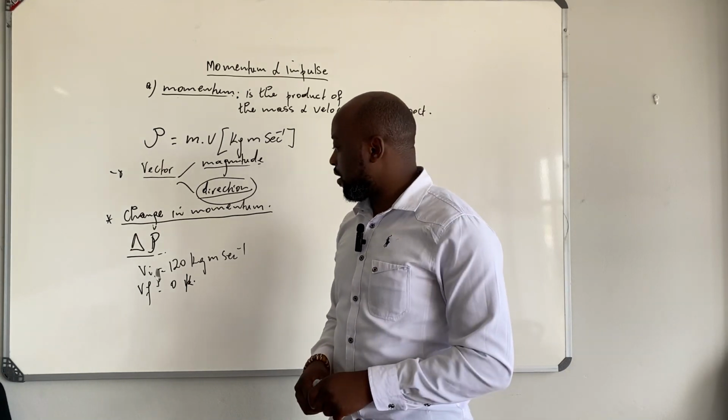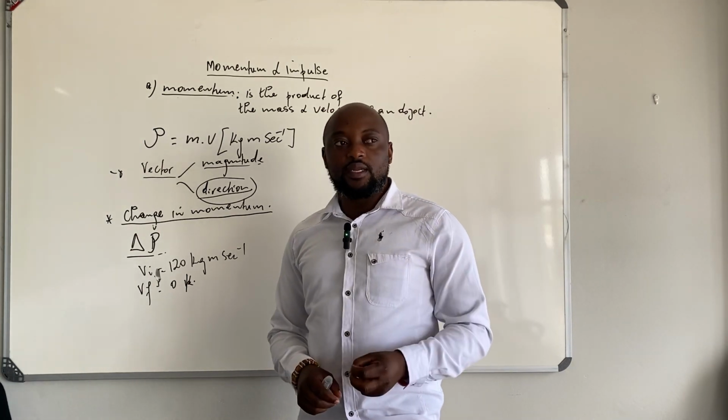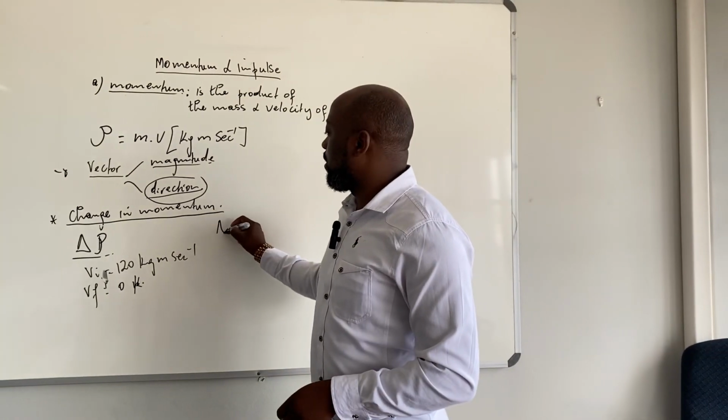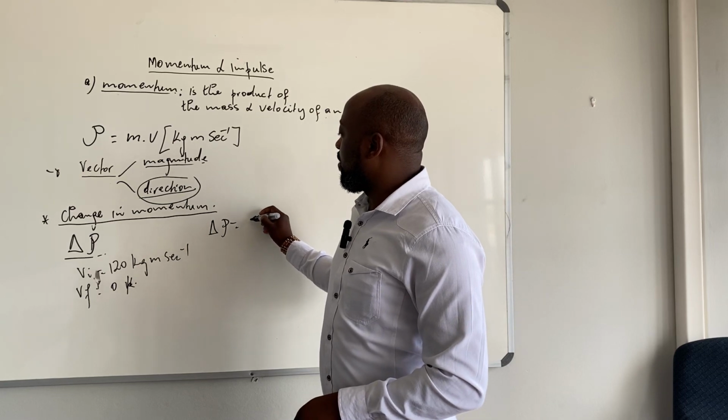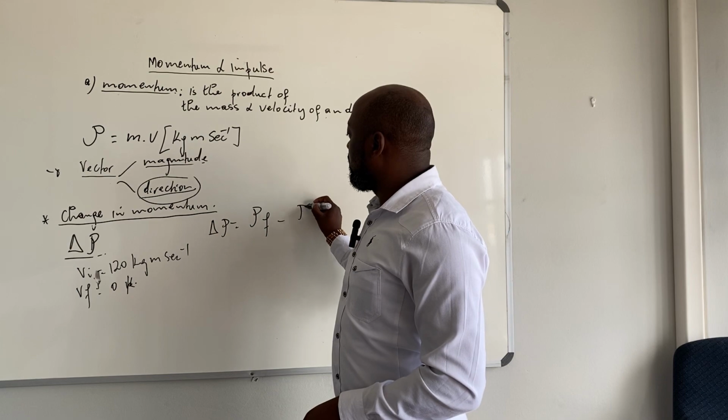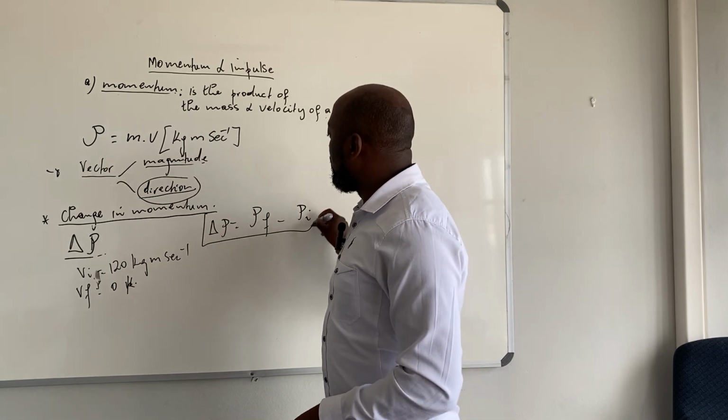So then what now? A change in momentum is due to the change in velocity of the object. So that would mean there will be a final momentum minus what? The initial momentum.